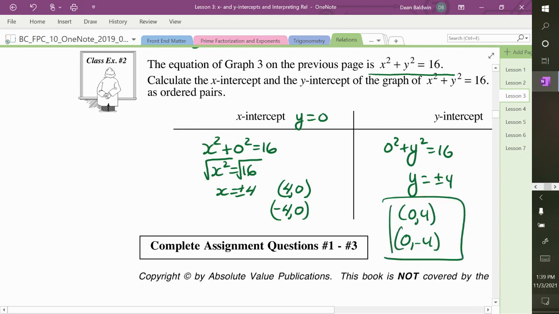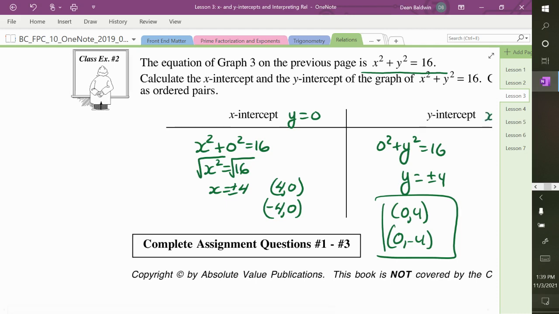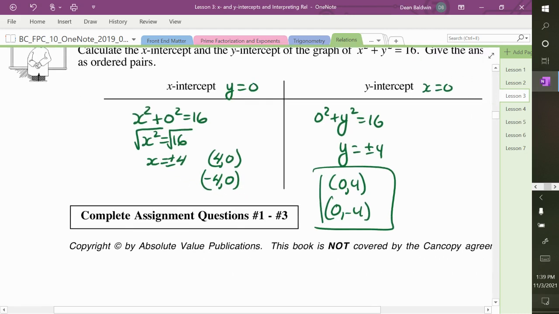The numbers are the same, but they're not in the same spots. So you should get plus minus 4, correct? And this one is written as 0, 4 and 0, negative 4, because those are the y-intercepts.